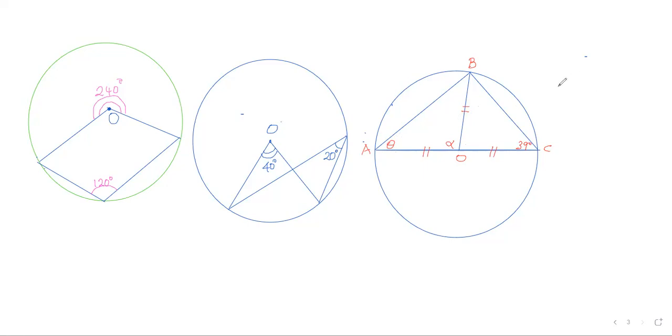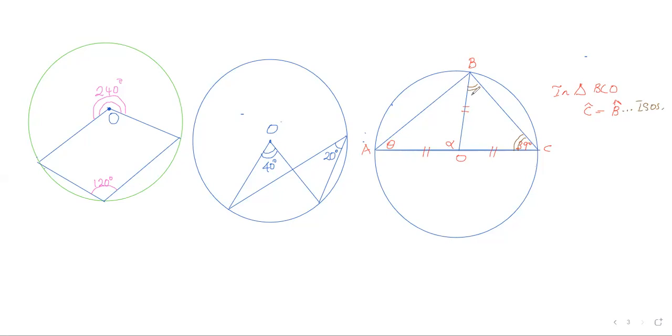Now, in triangle BCO, angle C is equal to angle B, meaning this angle here is equal to this angle here, and the reason is isosceles triangle.